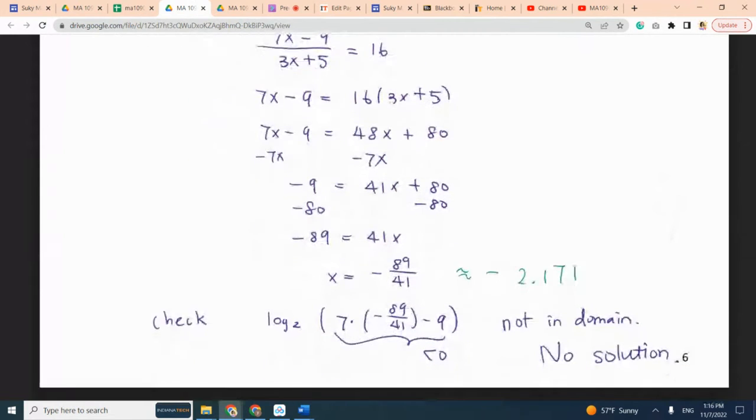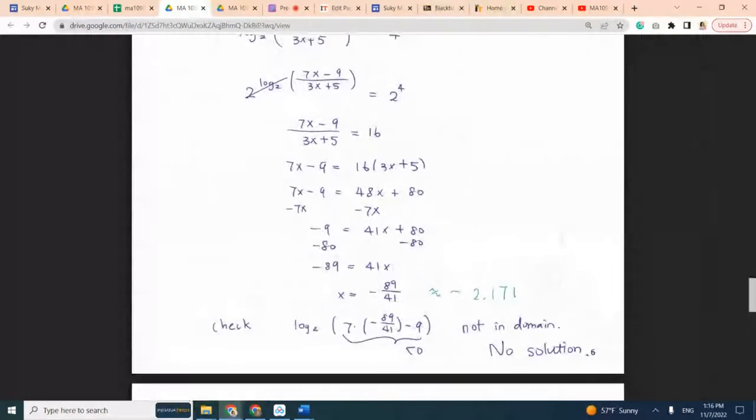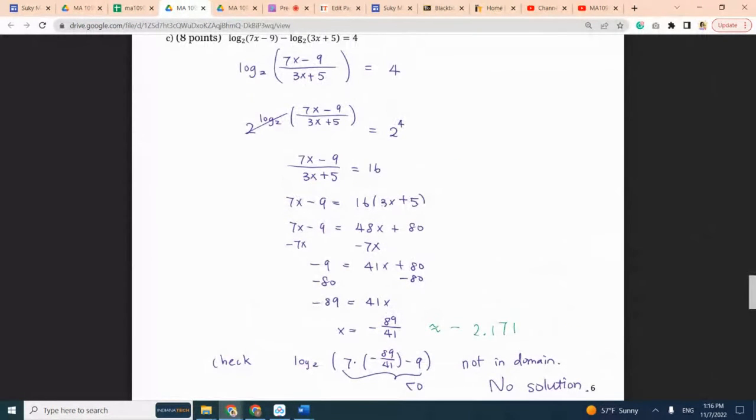At the end, we get this number, and then you put this number into the log to check whether it's in the domain. Do you see this? It's negative, so it's not in the domain. Therefore, no solution. Even though you get an answer for x, it's not in the domain. So no solution for this problem.